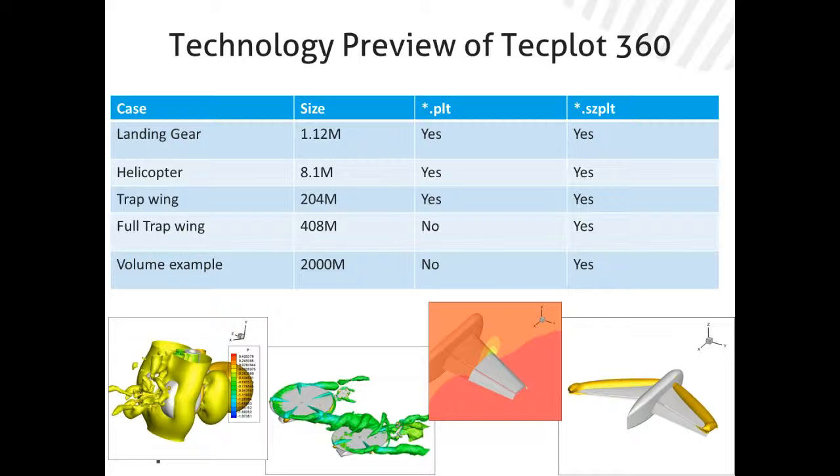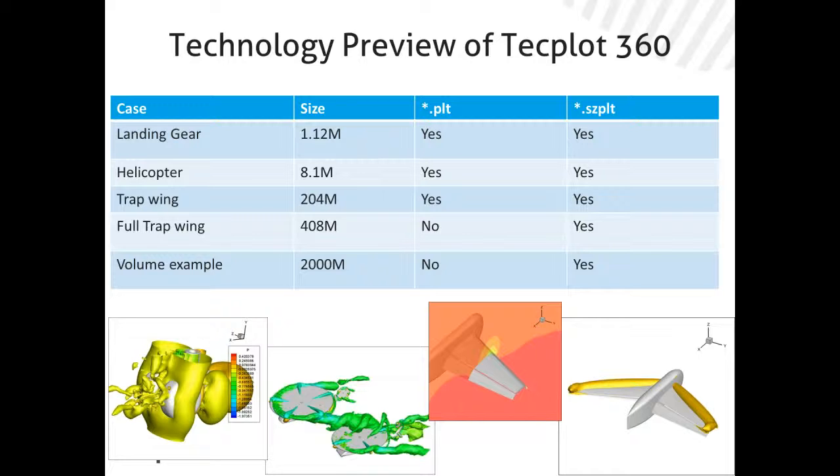Yeah, absolutely. And the last thing, of course, is that we actually have a 2 billion cell model that we loaded on my laptop, which is in many ways just insane, to be honest with you. With 2 billion cells, most competing products would say that's when you go to the parallel machine.